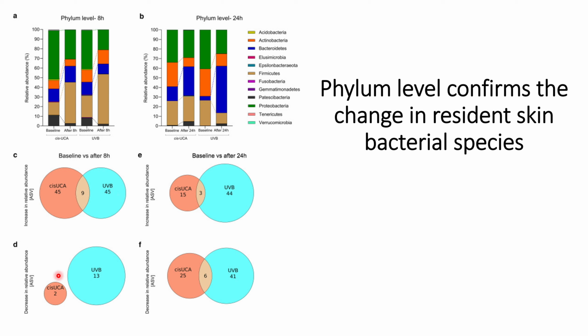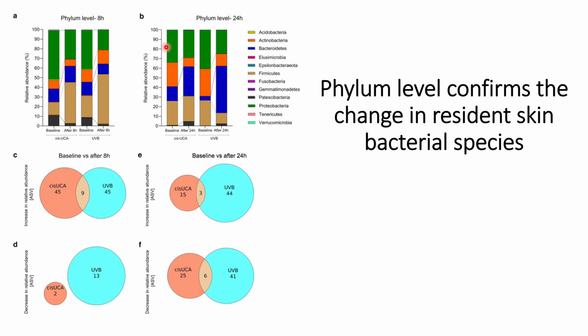And among the ASVs that are down-regulated, in cis-UCA there are two ASVs. This is an amplicon sequence variant. In the UVB they have seen that 13 amplicon sequences are down-regulated. However, there is no common sequence between cis-UCA and UVB treatment.